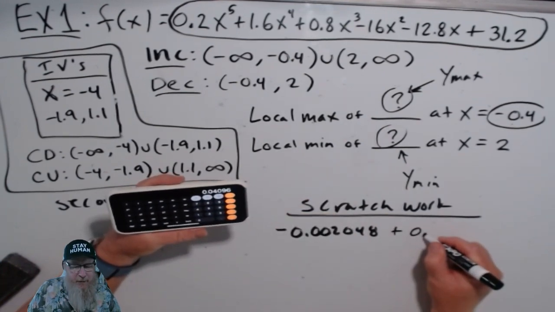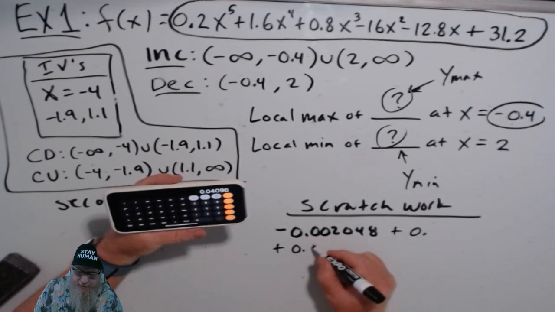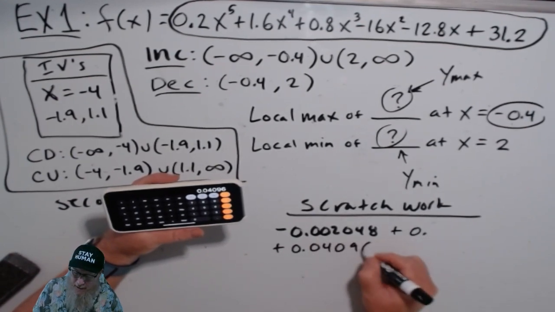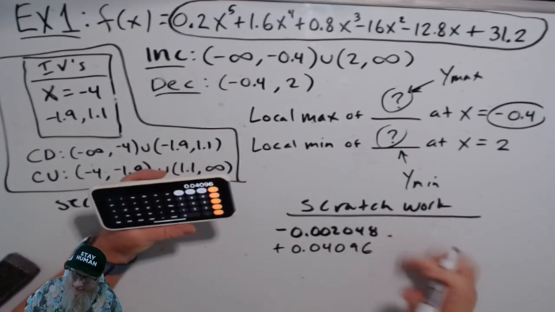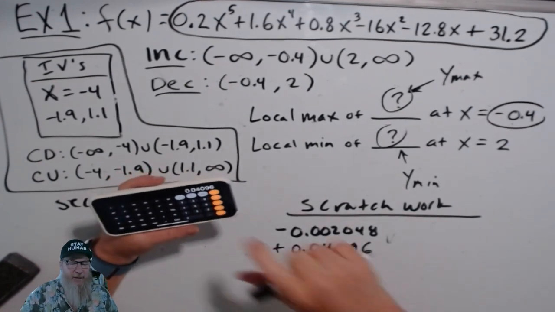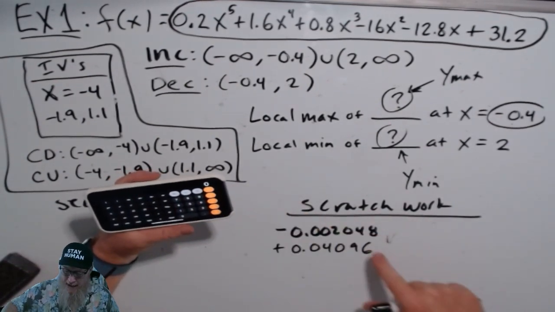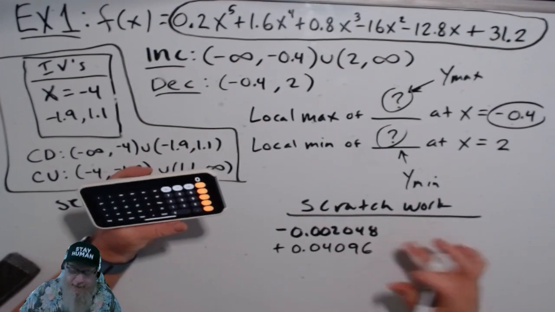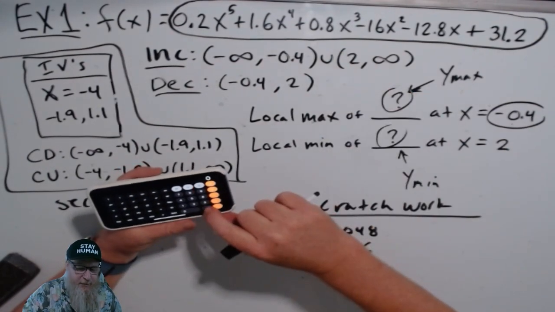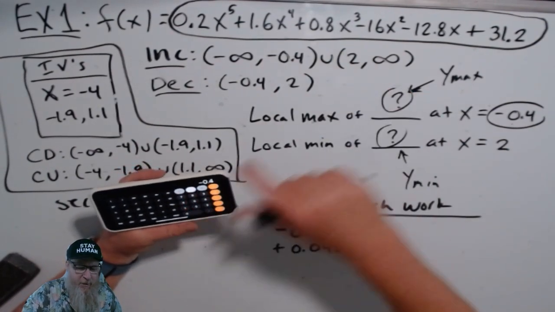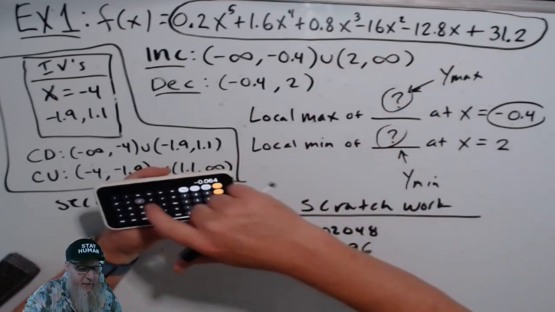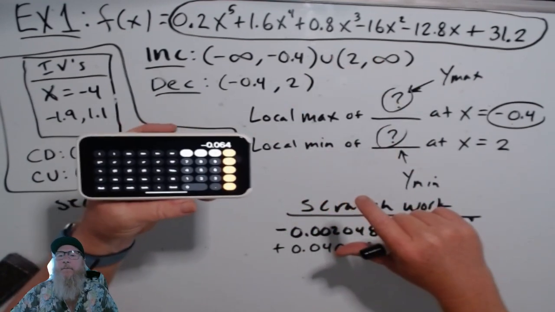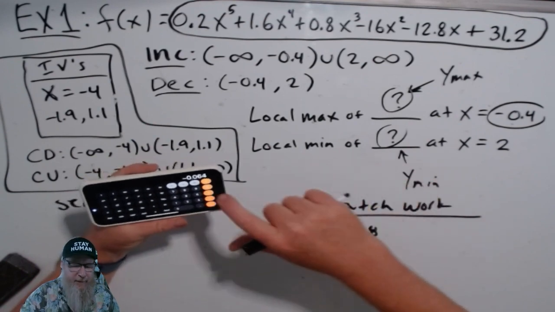So that's plus point here. I'll stack them up: 0.4096. This is sometimes called the bookkeeping method, like you're an accountant and just stack everything up. Let's do -0.4 to the 3rd power, and then times 0.8.